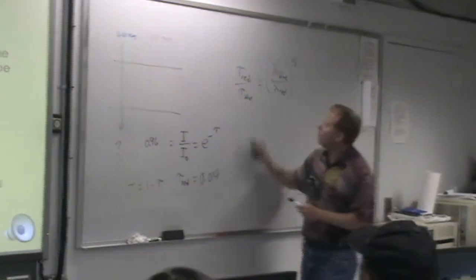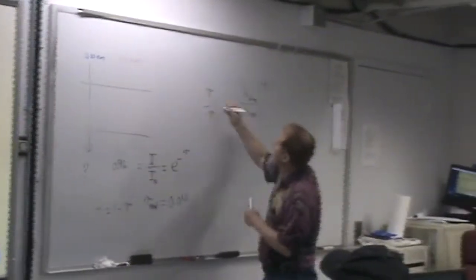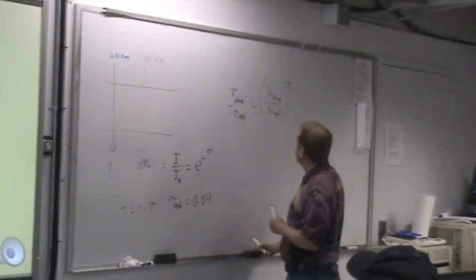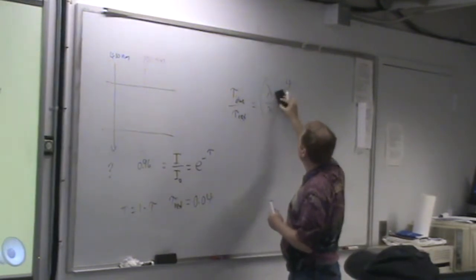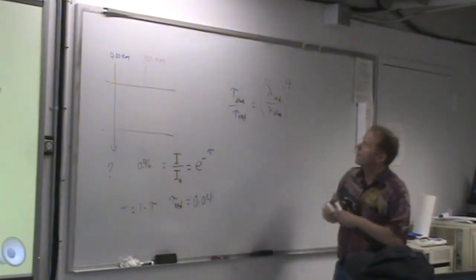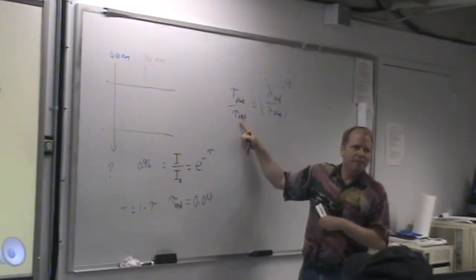In fact, how about if I reverse this here right now? Let's do blue over red, and then I'm going to do red over blue. Okay? What do we have? Do we have optical depth in the red?